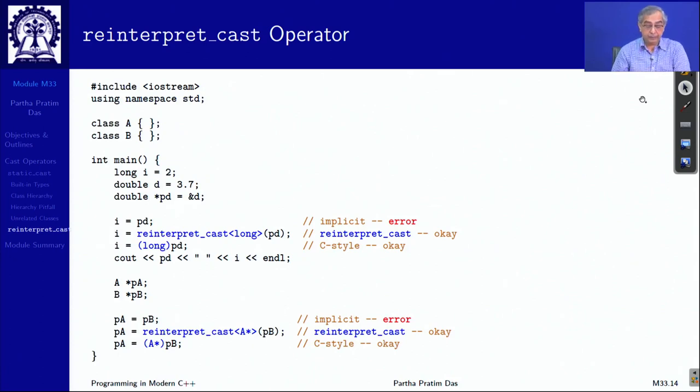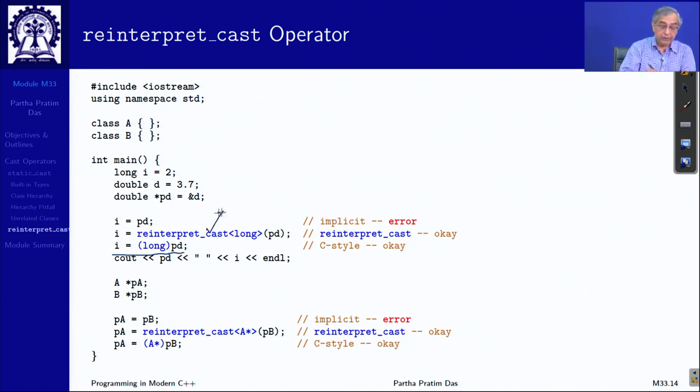Even though you can do them using C style casting, never do that, because that is going to be very risky. Taking a pointer to an integer is a significant deviation in terms of the type system, and therefore it is very important that it stands out boldly in your code.